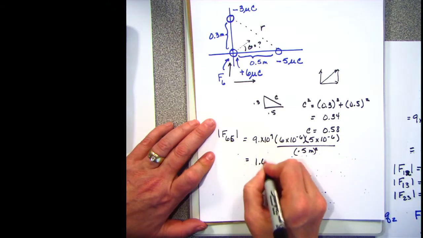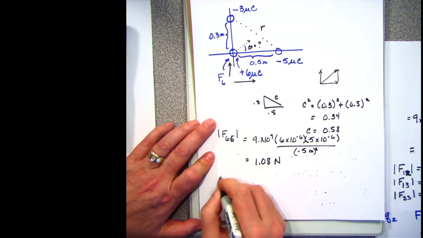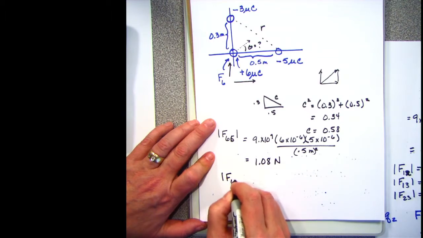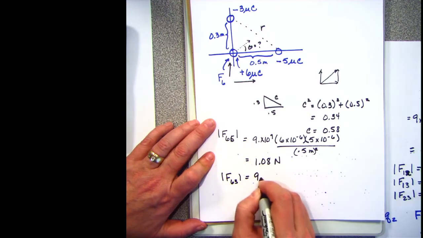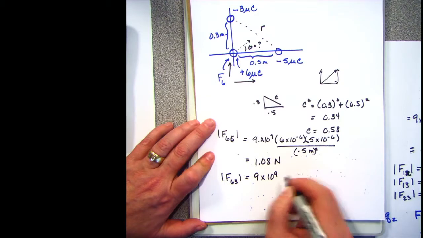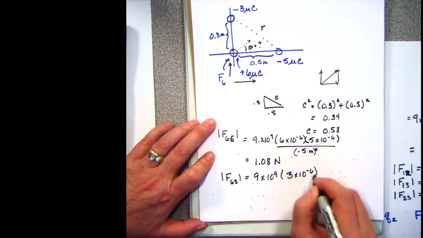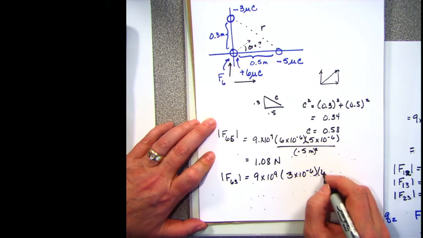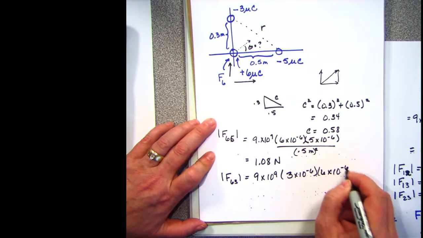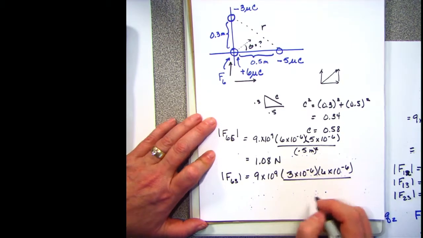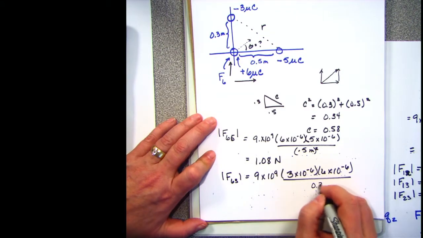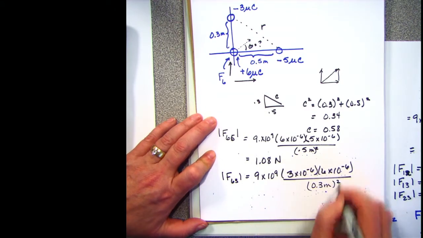get 1.08 newtons. The force between 6 and 3 gives me 9 times 10 to the 9th. And I get my 3 times 10 to the minus 6. And I get my 6 times 10 to the minus 6. And then I'm going to divide by my 0.3 meters squared.